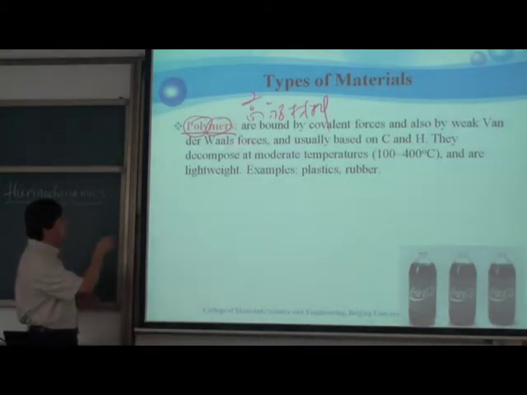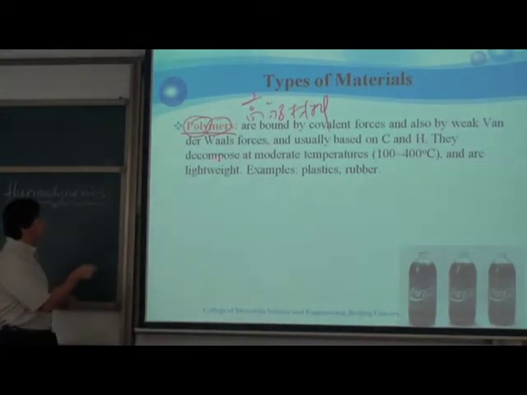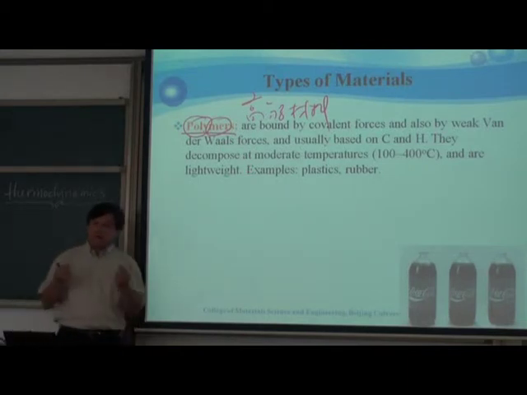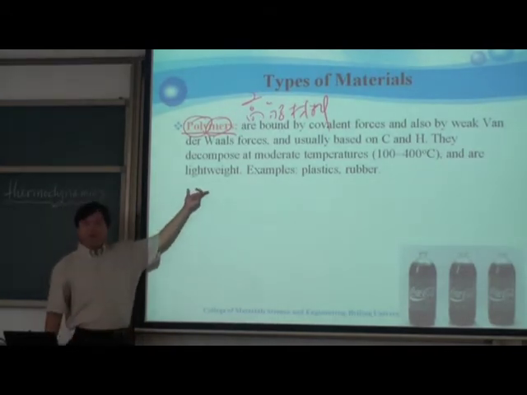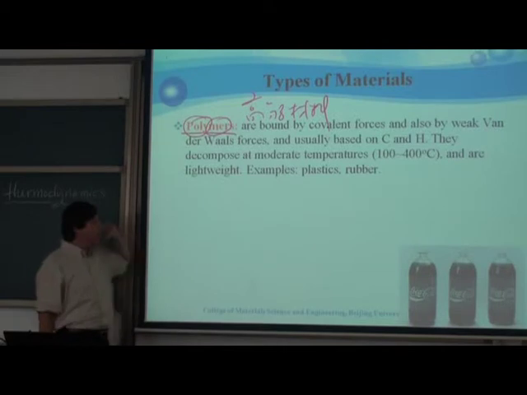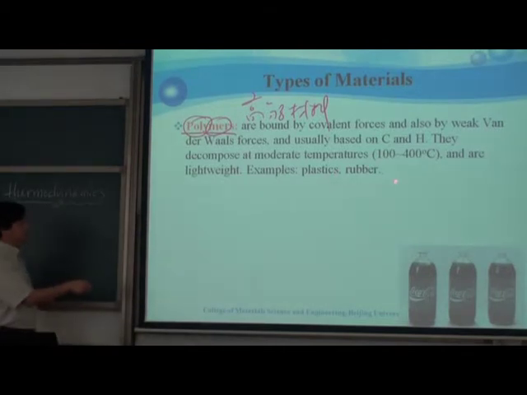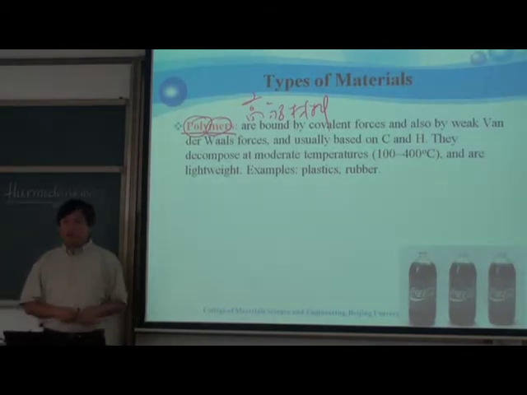They are very light as compared to ceramic, compared to semiconductor, compared to metals. Polymeric materials are very light in weight. For example, plastics and rubbers are polymers.